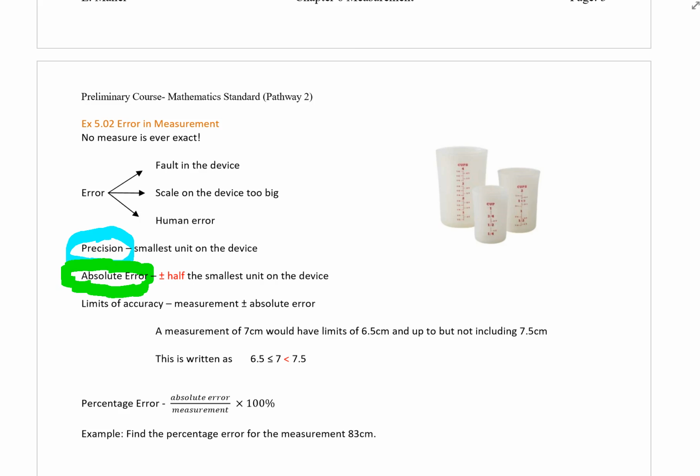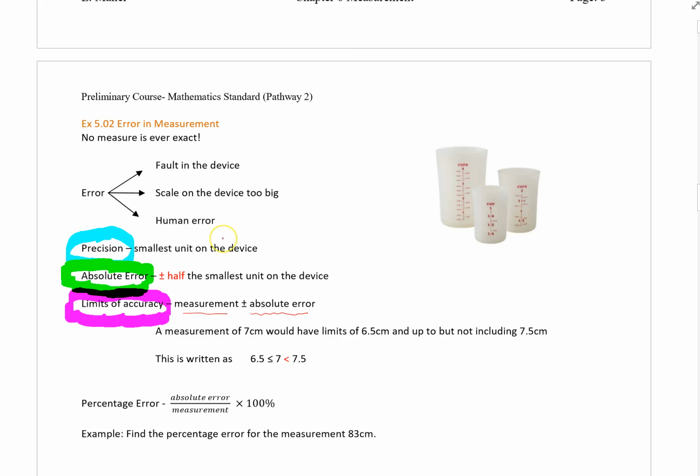Then combining the measurement and its absolute value gives us the limits of accuracy. So it's a combination of the actual measurement, then we add or subtract the absolute error, which is half the smallest unit. Now, if I had a measurement of 7 centimetres, then we know we're measuring in centimetres.